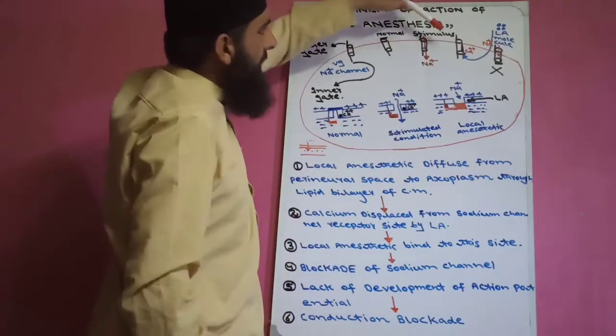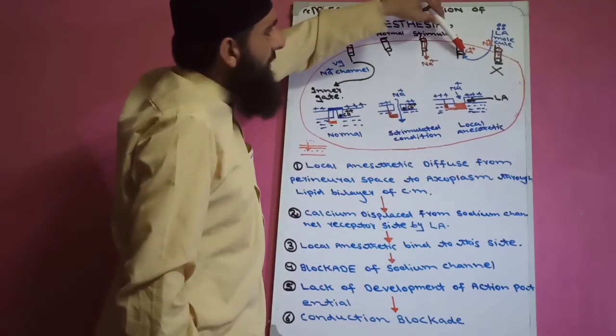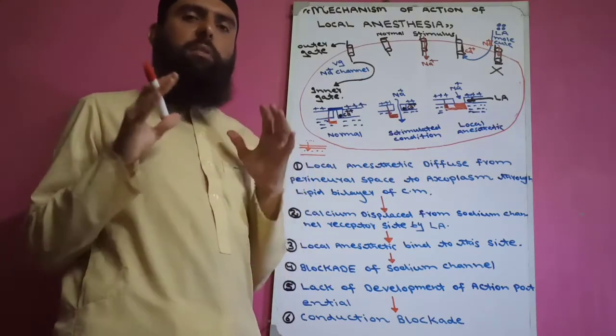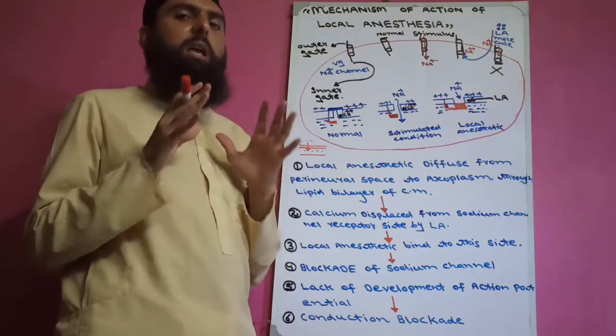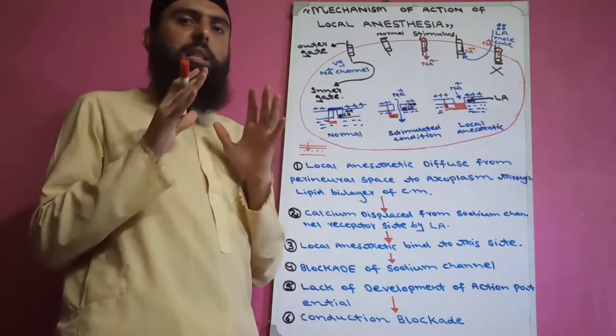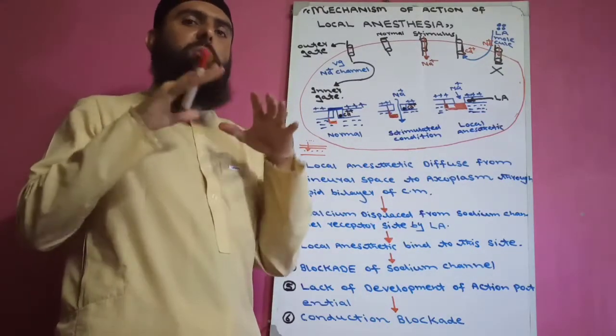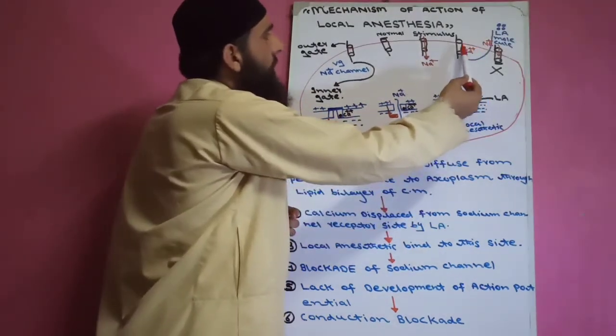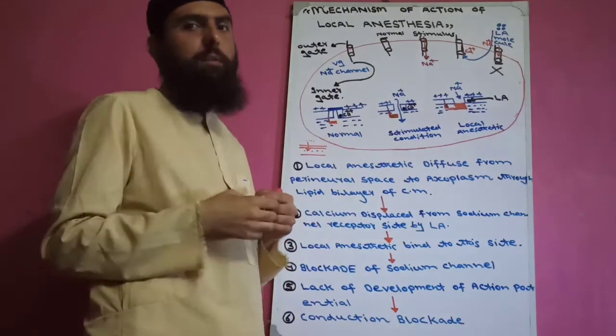On that receptor, calcium ion is present. Now, why is calcium ion present on that receptor? Because the permeability of sodium ion is controlled by calcium ion through this receptor.